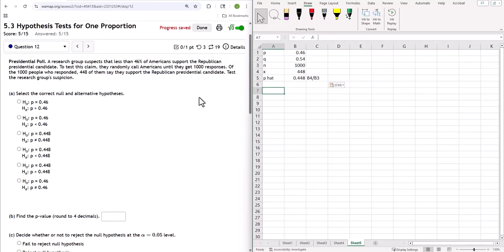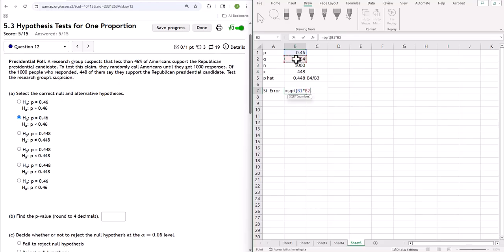Select the correct null and alternate hypothesis. So again, we have a proportion here, and I think it said that less than 46%. So we want it to go here, and we are left-tailed. I am skipping out on a couple of the steps because I'm trying to get all this done in less than 10 minutes.